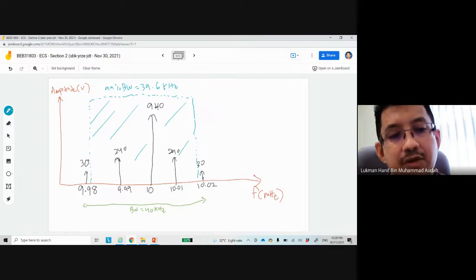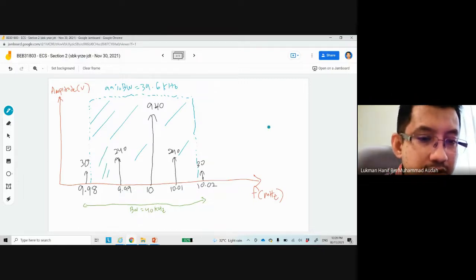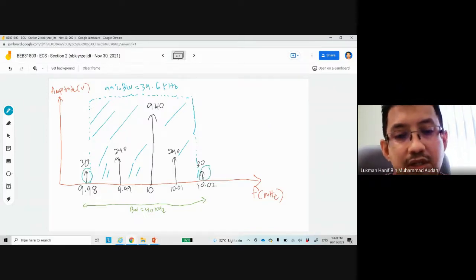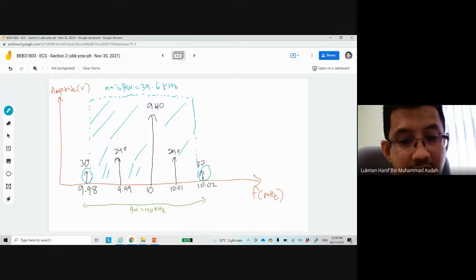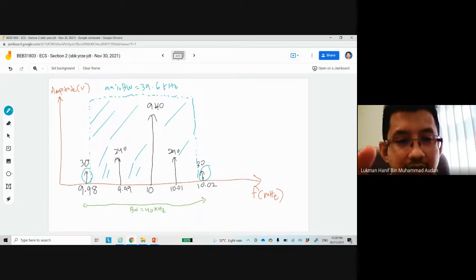Maknanya apa? Kalau ada filter, if we design a filter that can cover up to 99% of the bandwidth, that means sideband yang terakhir ini akan terkeluar. The last sideband, in this example, the last sideband would be removed. And we're going to take up to the first sideband only. Nampak.